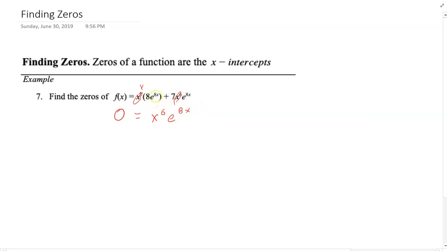What will be left on this side now is 8x, and what's left on the other side of the plus sign is a 7. All right, if these two parts multiply to 0, then either this equals 0 or this equals 0, or both, right?